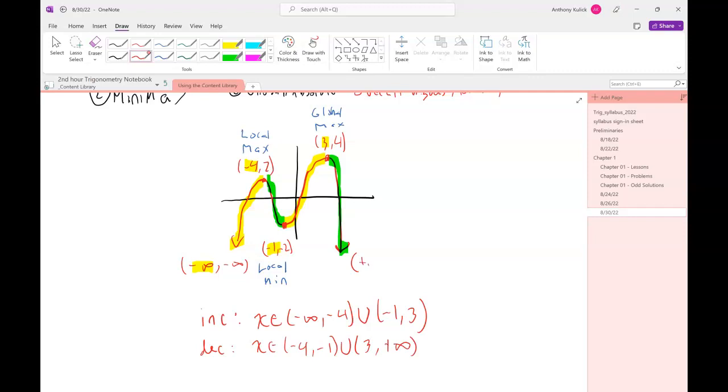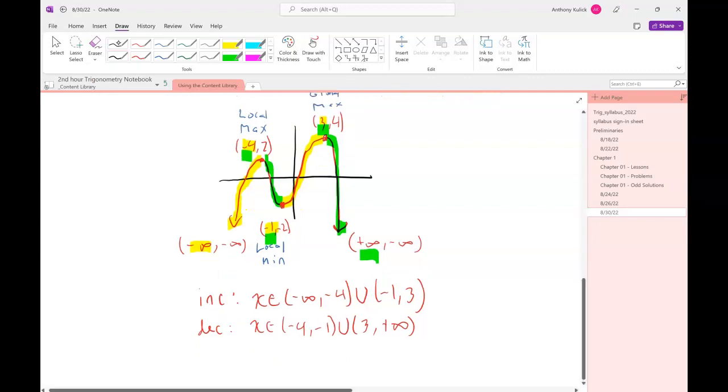Very good. Again, this point at the far left is like negative infinity. So we're going from negative 4 to negative 1, and then 3 to positive infinity. So again, fairly easy, right? To do this if you have the picture.